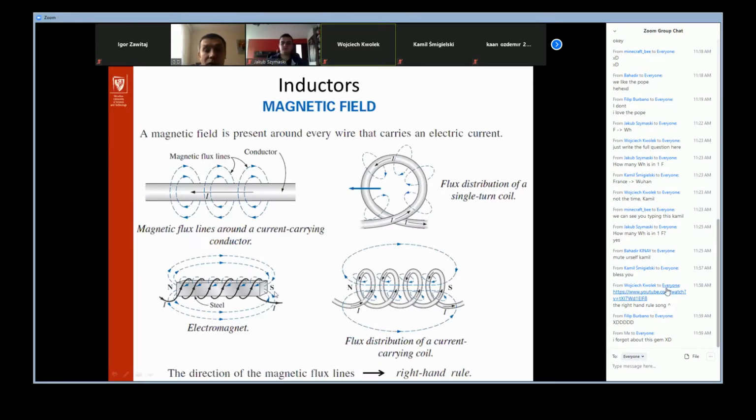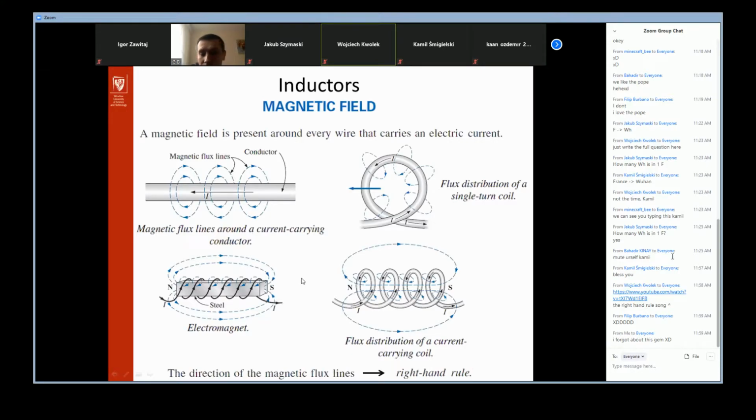And the strength of the electromagnet here is higher than just the air coil. Why? Because we force the magnetic flux lines to pass through these ferromagnetic materials, which means that here and here we have the higher density of magnetic flux lines.